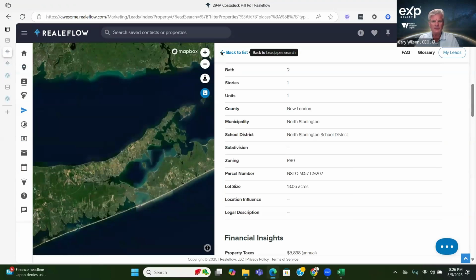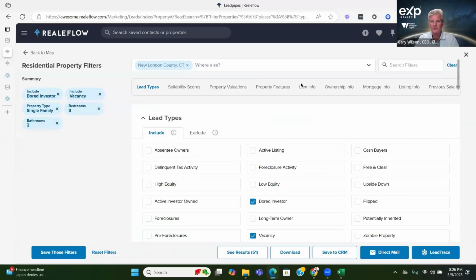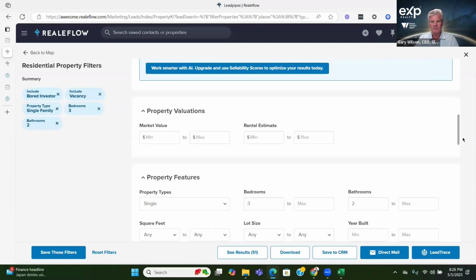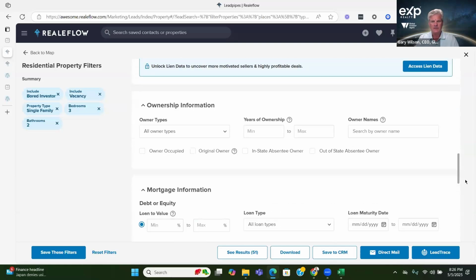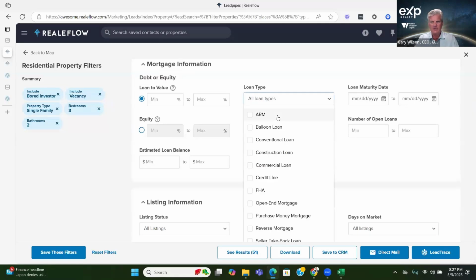Let's go back to list filters. So there's active investor there, right to the left of absentee investor. You can see if our property's been flipped. But let's scroll down to the mortgage information, and then loan type. Let's look for the word private.